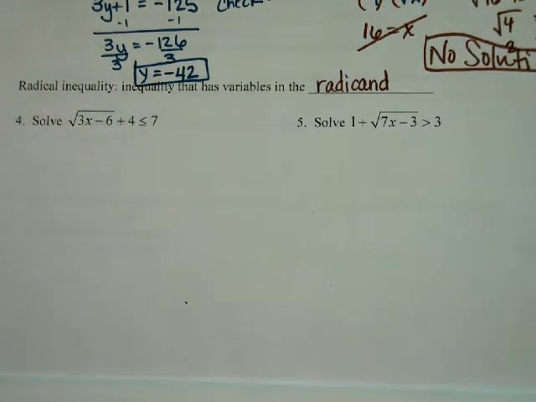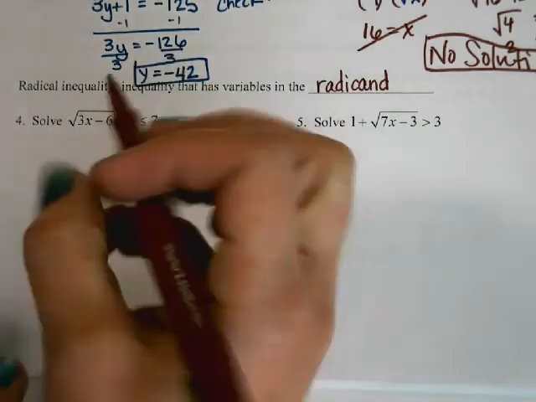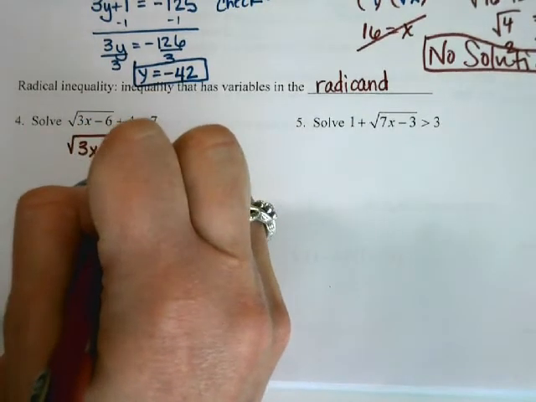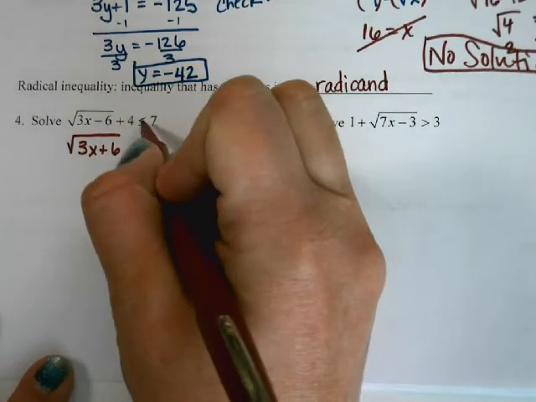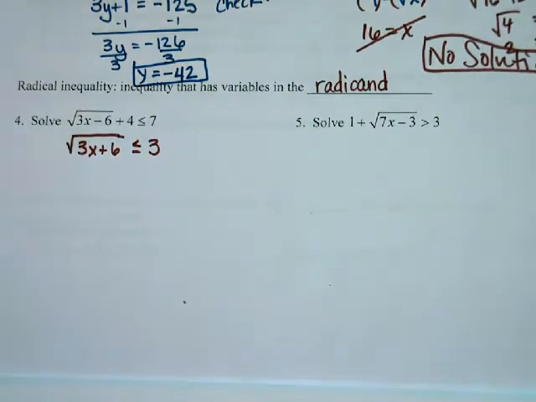Solving these is similar to solving an equation. So if I were going to solve this as if it were an equation, I still need to get the radical by itself. Is the radical by itself at the moment? No, it's not. So I'm going to subtract the 4. So the square root of 3x plus 6 is less than or equal to 3.